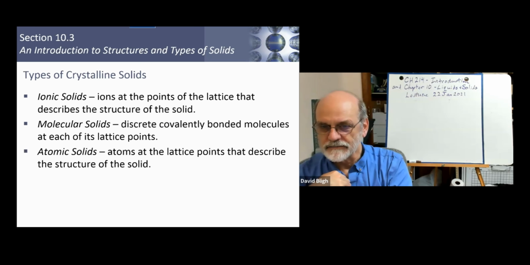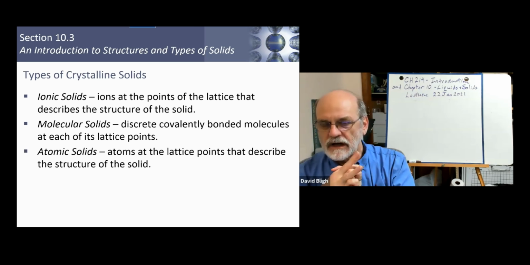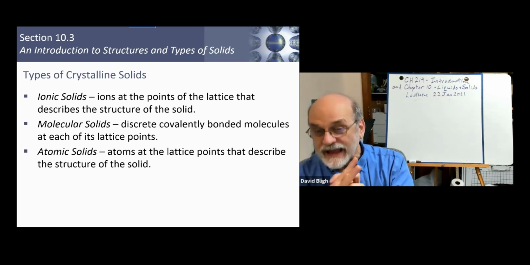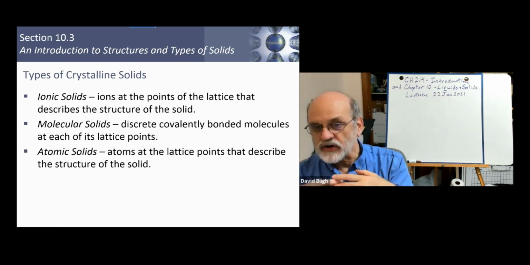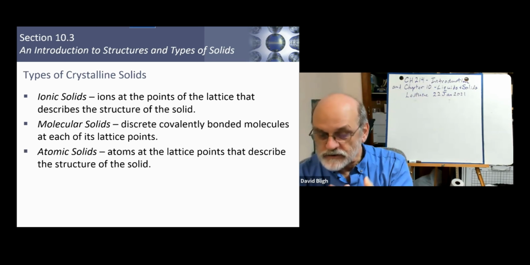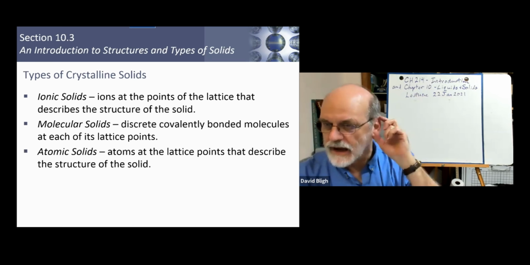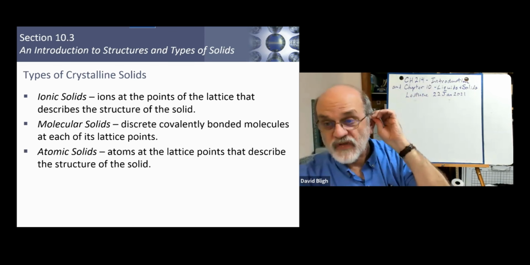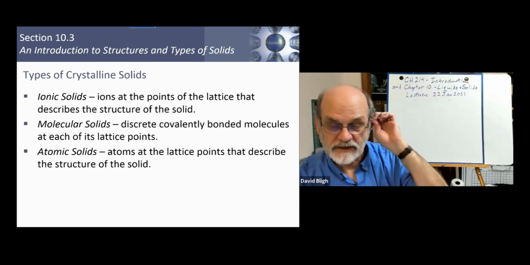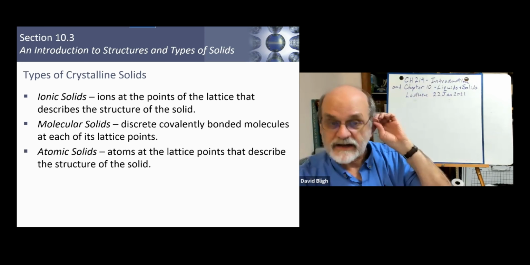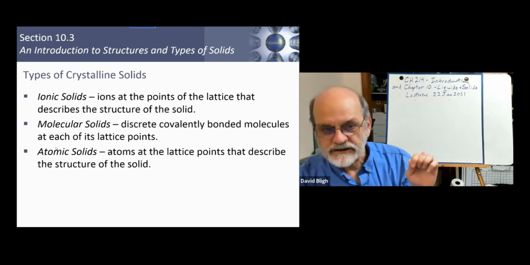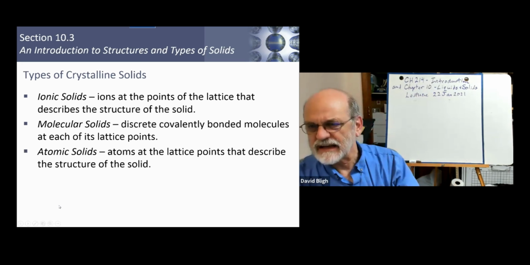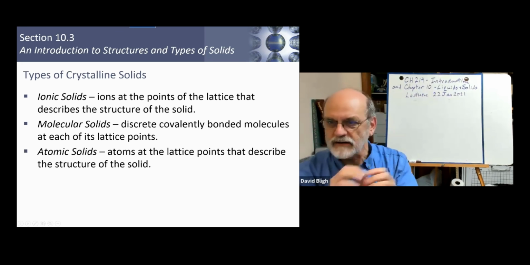Molecular solids rearrange the molecules in regular crystalline structure. Now, all molecular solids don't do that, and sometimes you have to coax them into doing that, but it is possible. Atomic solids, yeah, they tend to like to close pack, right?